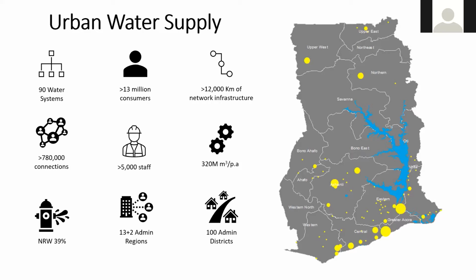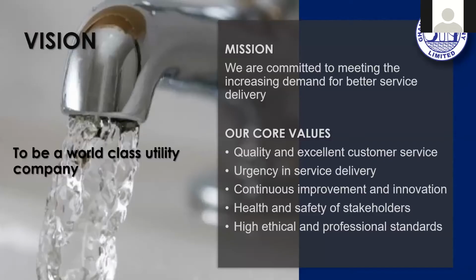Administratively, the whole company is segmented into 13 regions, and then there are 2 more administrative ones that deal with production. Within these 13 regions, we have a total of 13 districts that see to the day-to-day running of our operations.